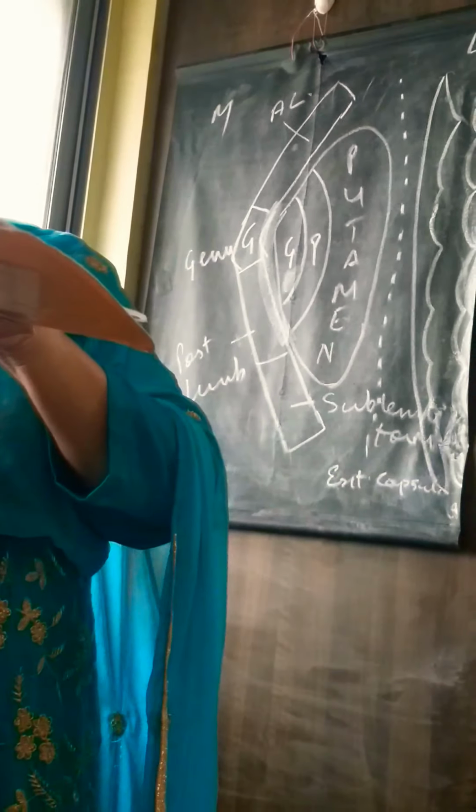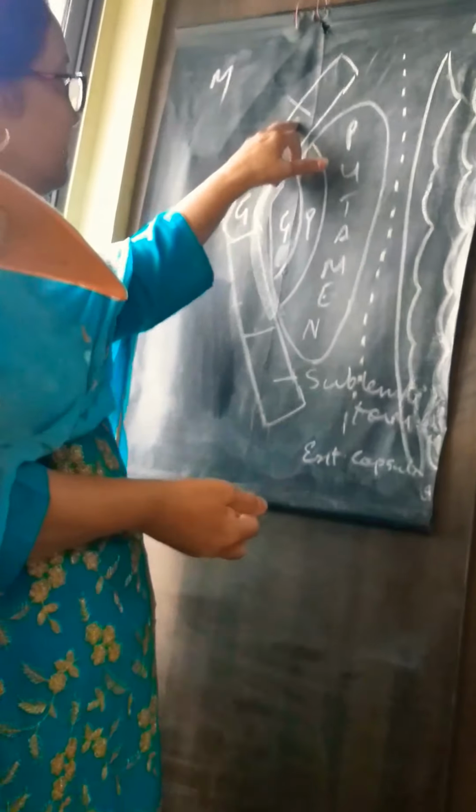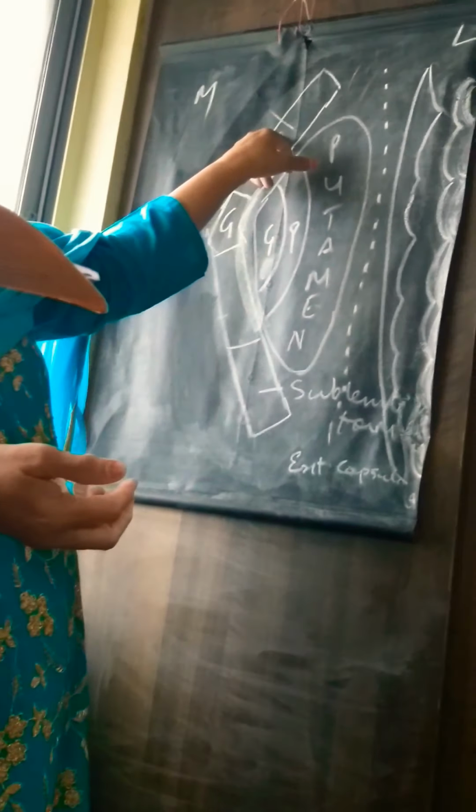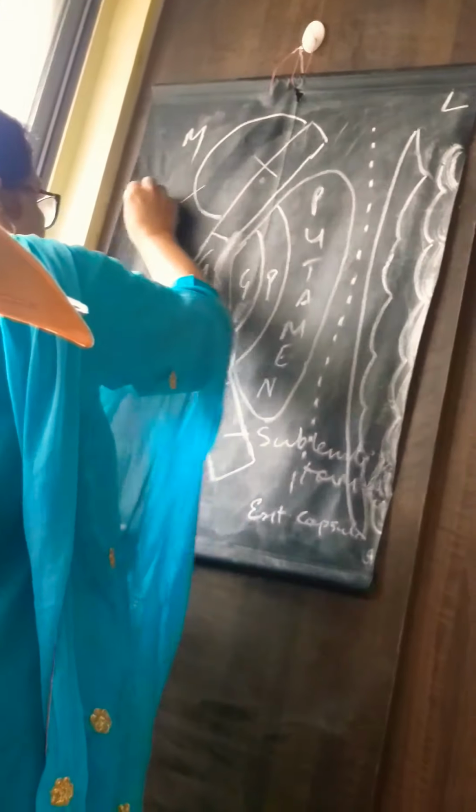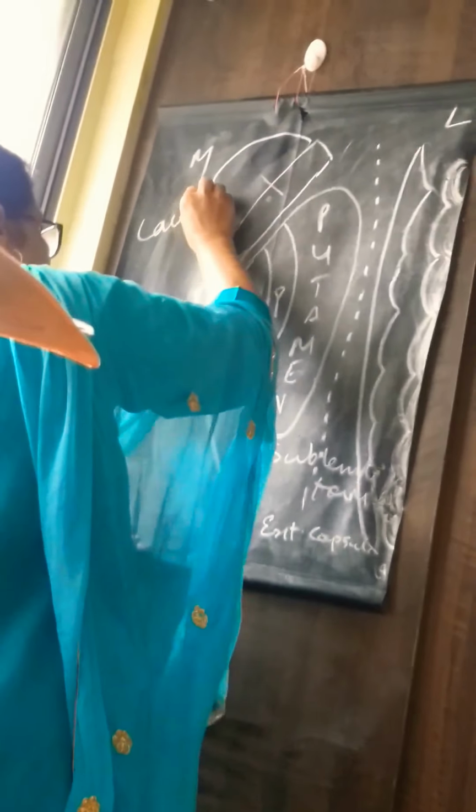Now what are the relations? The relations you already know. Nothing much is difficult about it. The anterior limb of the internal capsule is related medially to the head of the caudate nucleus.